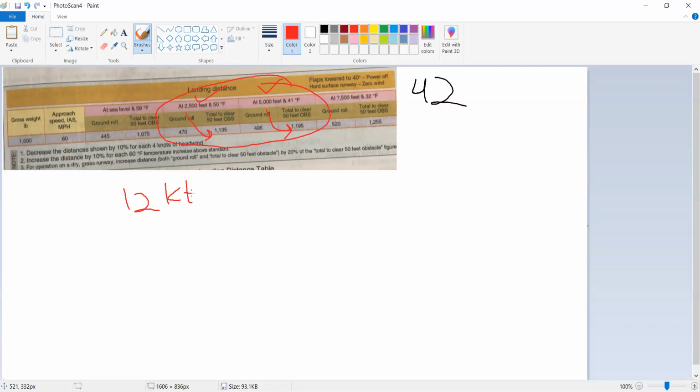that this is 4 times 3. That's right, because every 4 knots goes down by 10%. So that means this goes down by 30, and everything starts at 100, so we have to subtract 30 from 100.